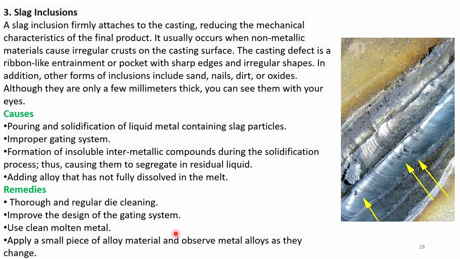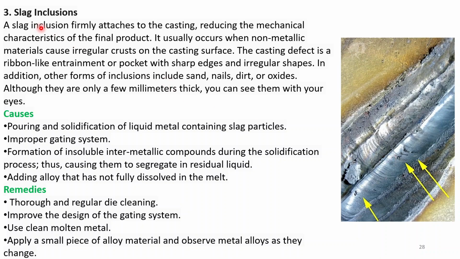Next is slag inclusions. So here in the picture also you can see these inclusions under the microscope as well. They will be seen in a different color than the remaining casting, so they will have different contrast.